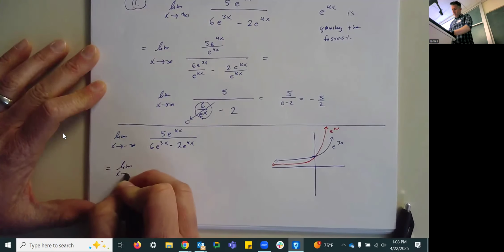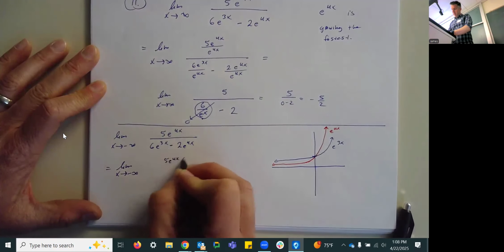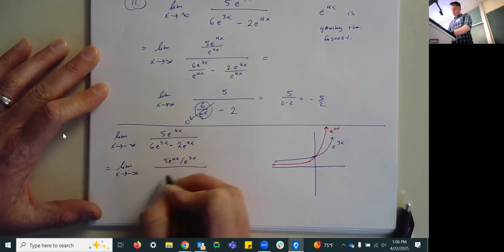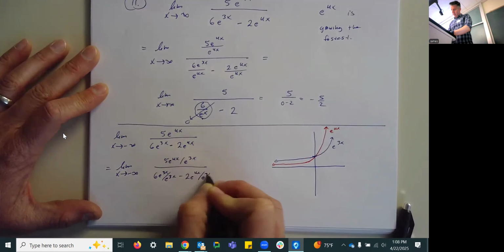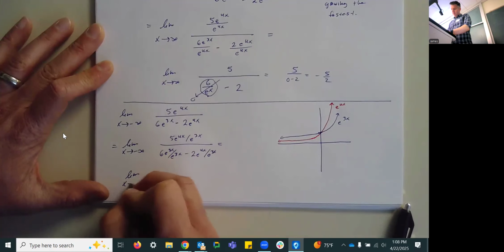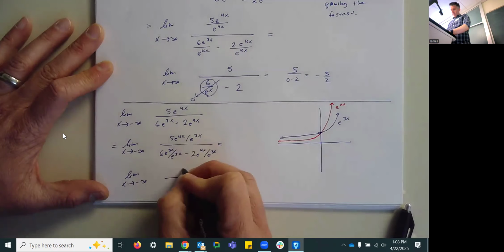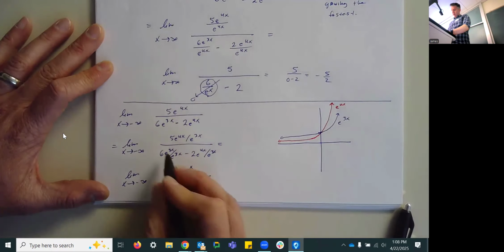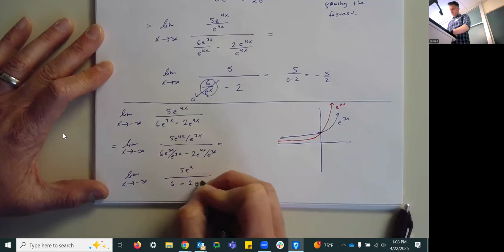We get the limit as x goes to negative infinity of 5e to the 4x divided by e to the 3x over 6e to the 3x divided by e to the 3x minus 2e to the 4x divided by e to the 3x. So we're going to get the limit as x goes to negative infinity of, let's see. On top, we have 5e to the x. On the bottom, we have 6 minus 2e to the x.